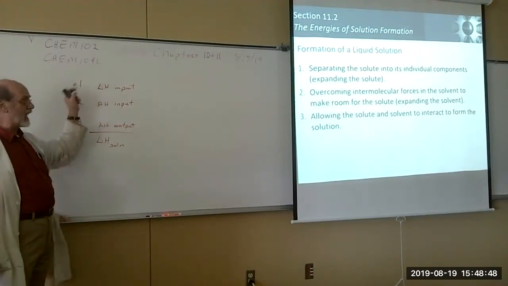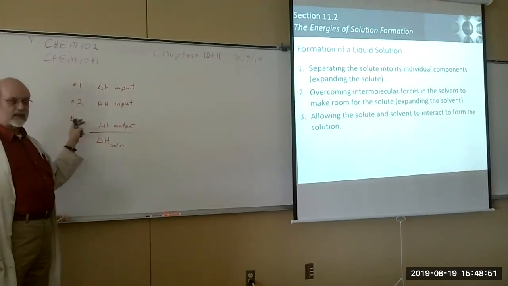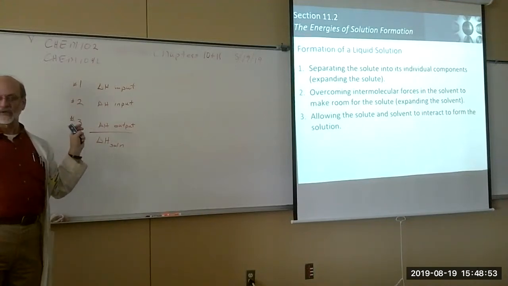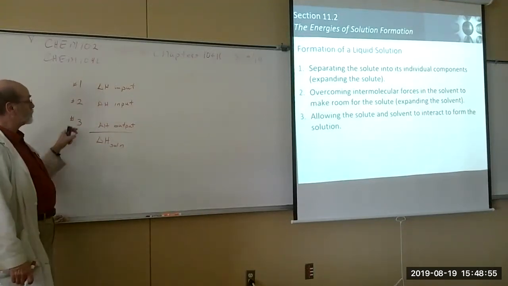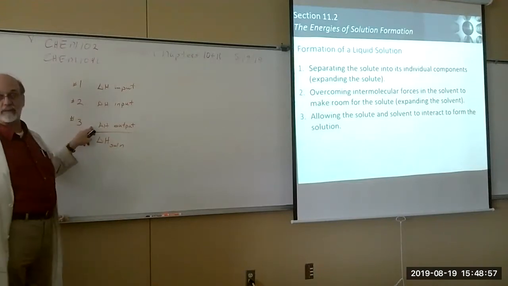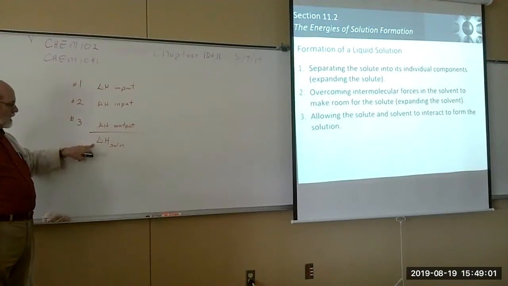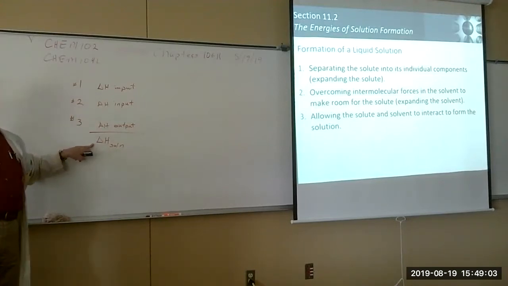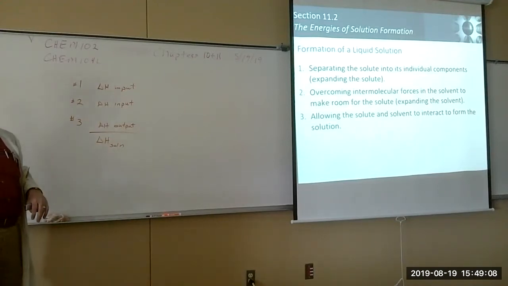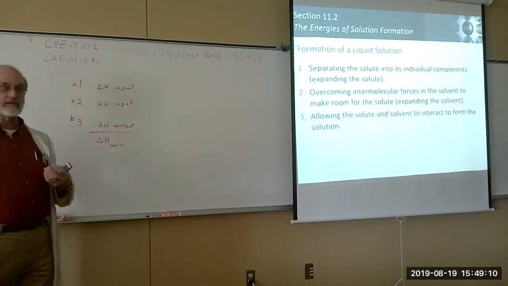But if you put in a little bit here and a little bit here, and you get a whole lot back, then you get energy back, it should get warmer. Now, in terms of sign, what does that mean? Remember the sign convention?